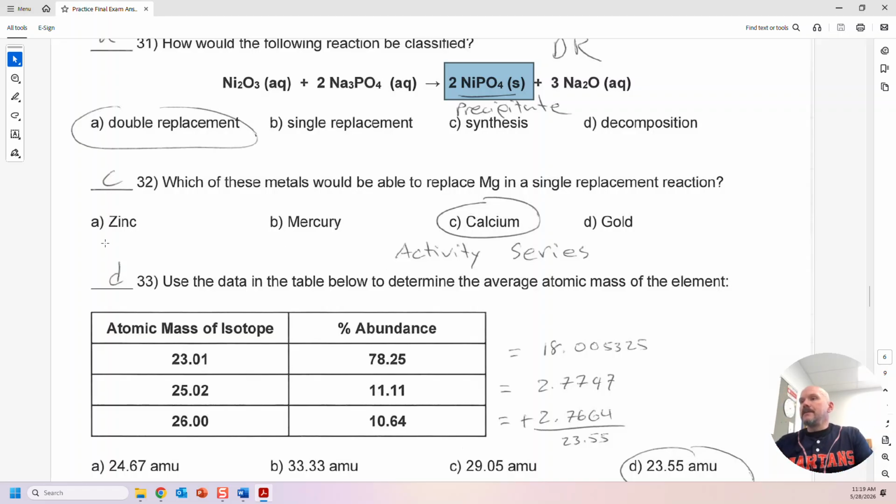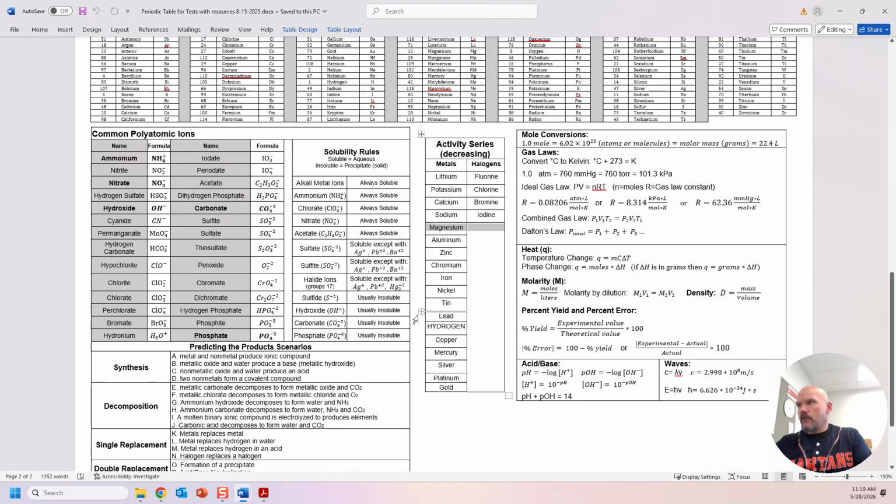So zinc can't replace magnesium because it's not above magnesium on the activity series. If we go back to the periodic table, I think gold, mercury, and zinc are all below magnesium, so they can't replace magnesium. So the only one that was above it was calcium.